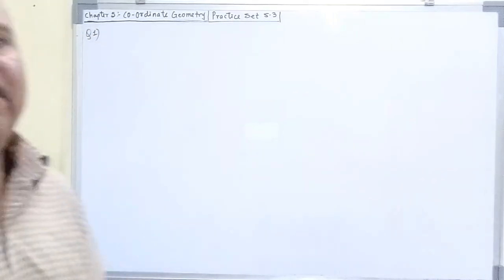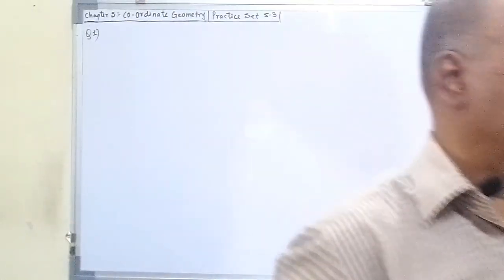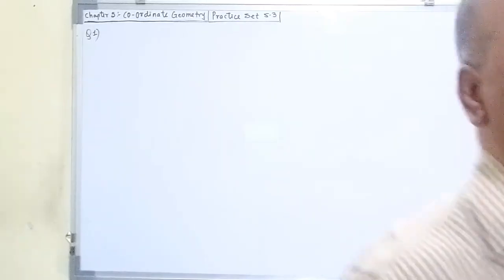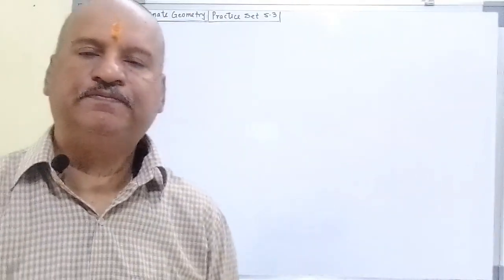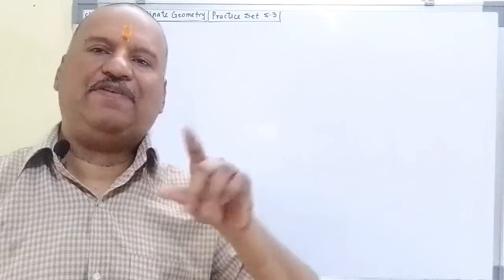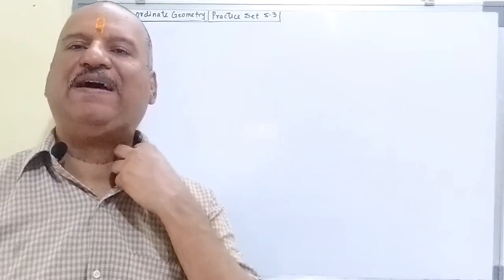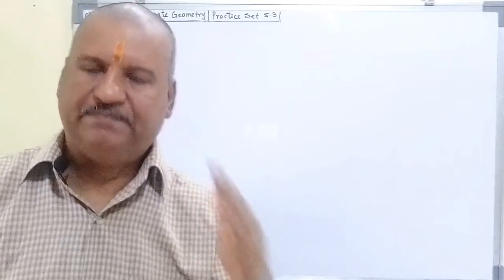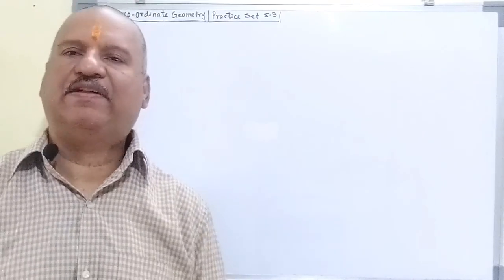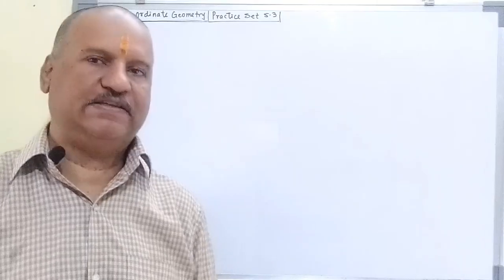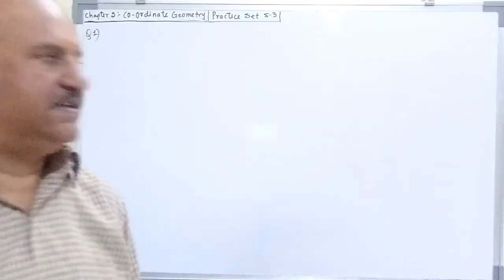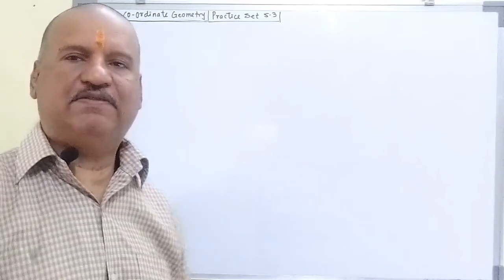Now they have given us certain values of angles made by the line, or we can say they have given us theta, angles made by the line with the positive direction of the x-axis. So the angles are 45, 60 and 90. I already gave you a table, just set the values.